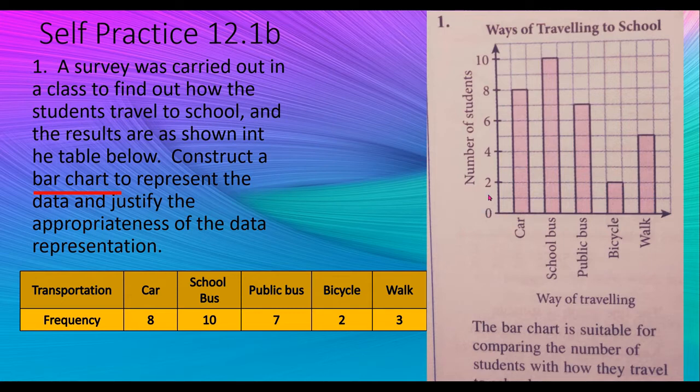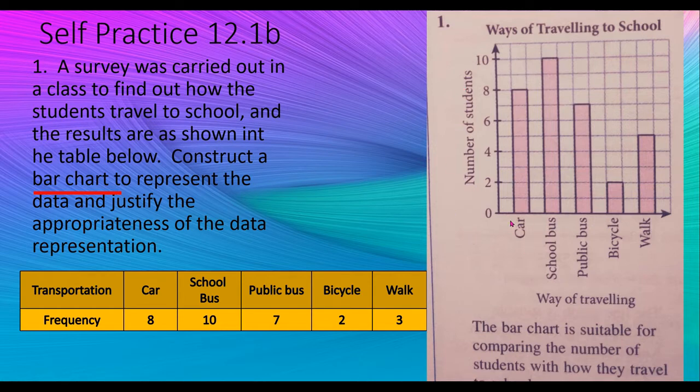But please remember, each box here represents a number on the scale. So if you want to find your 3 or your 7, you can just go according to the scale. Okay, so you put in a title: the number of students.